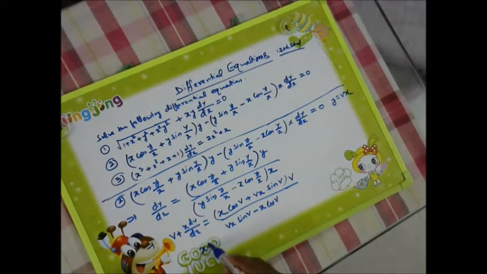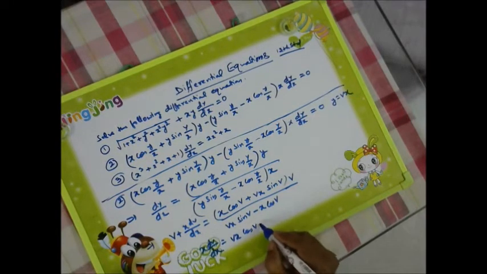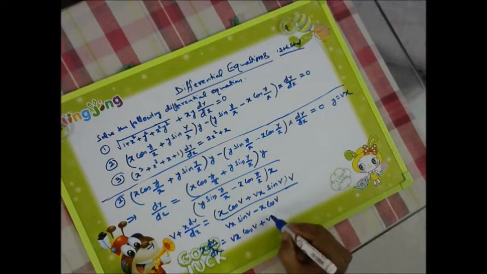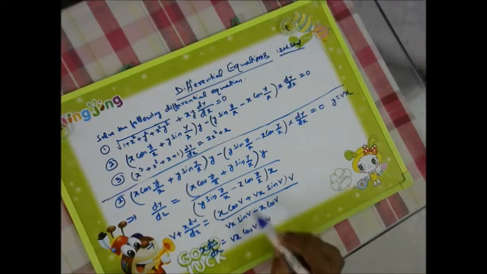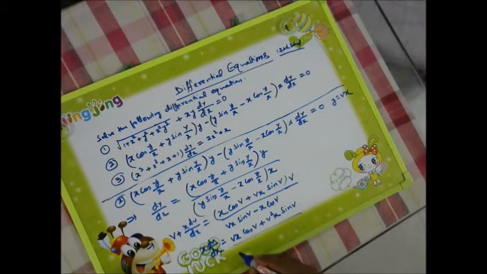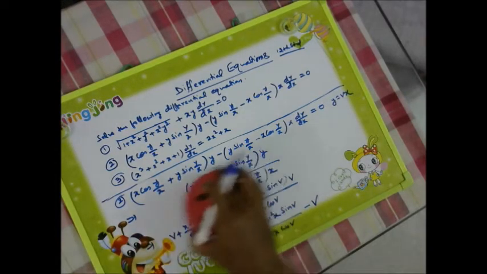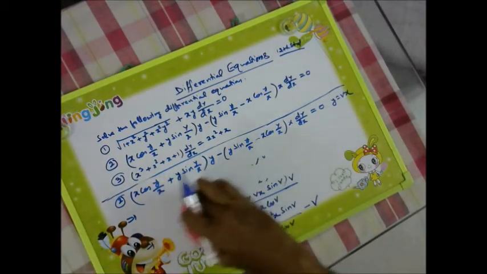So we will be writing x dv by dx is equal to x cos v, or if we are multiplying, it will become vx cos v plus v square x sin v, by vx sin v minus x cos v, minus v. We can see that x is common everywhere, so we can even cancel this x. We will cancel later on. Now I will be rubbing this side.